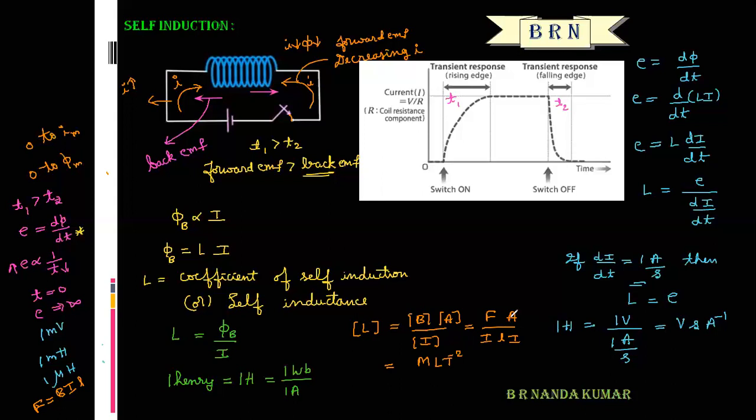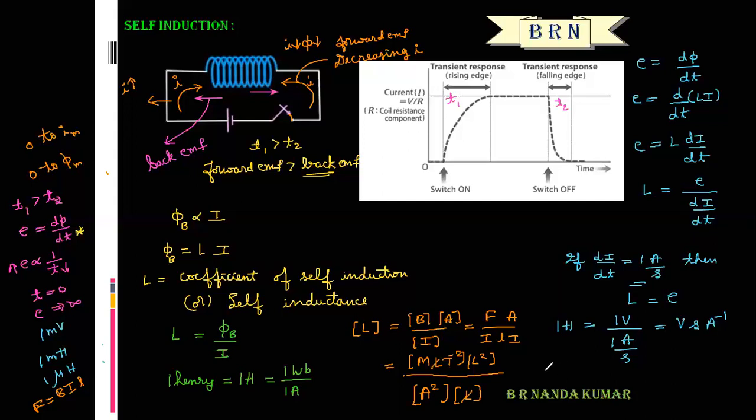Area is L squared. Current is ampere, so I into I squared gives A squared in the denominator, and the dimensional formula of length is L, so one L cancels.